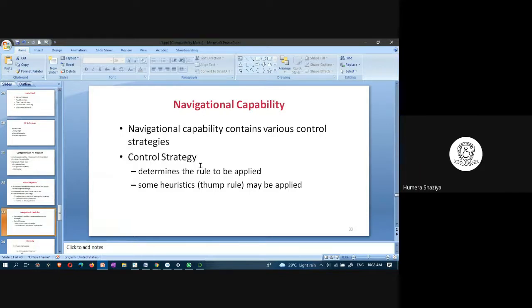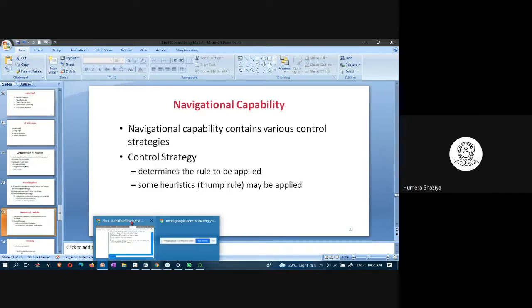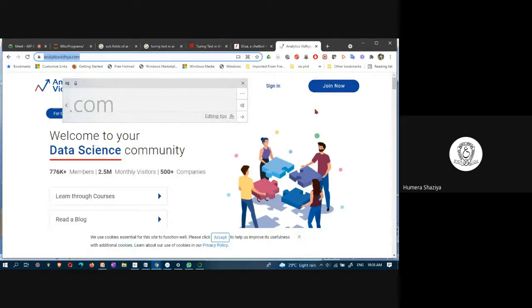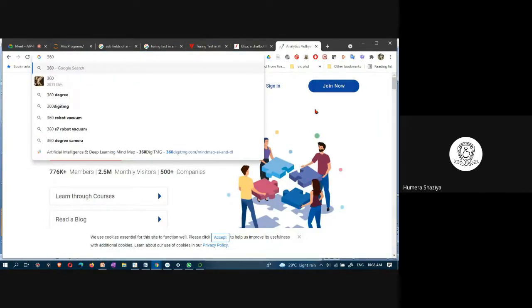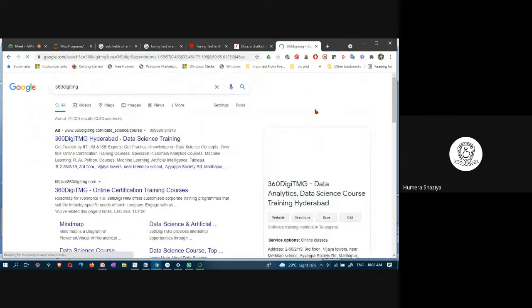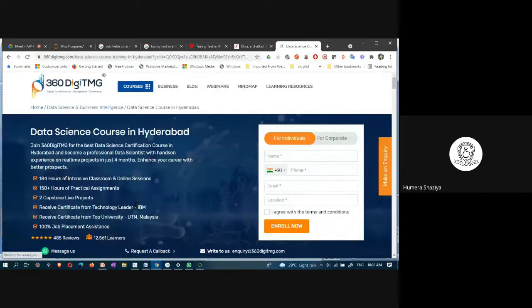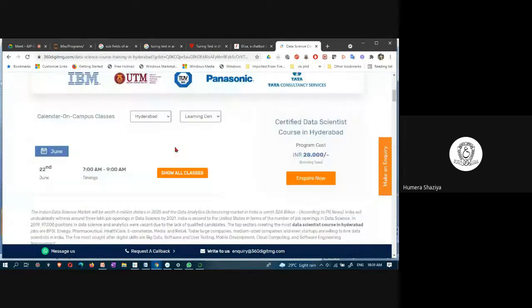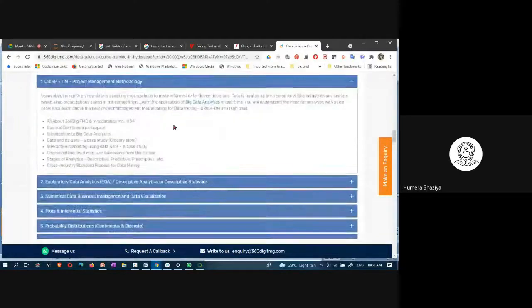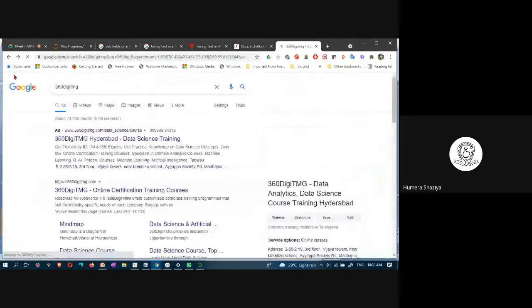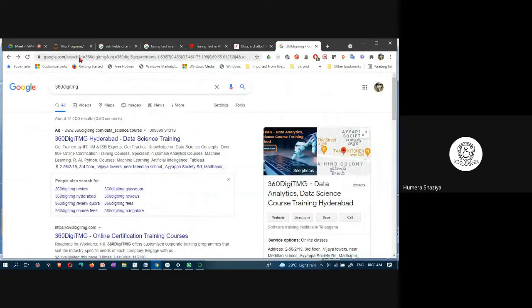Navigational capability is mainly used for hardware robots. Every day you see in the news that people are developing so many different kinds of robots.